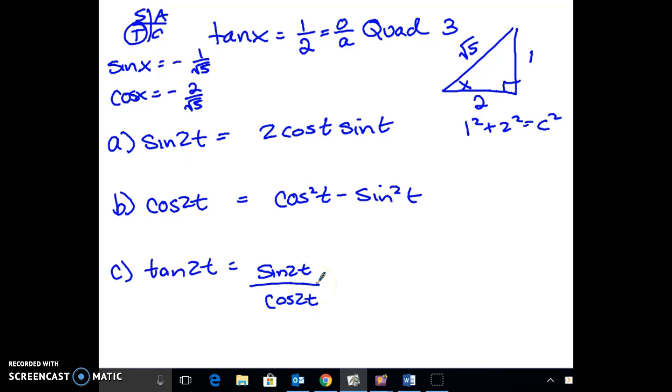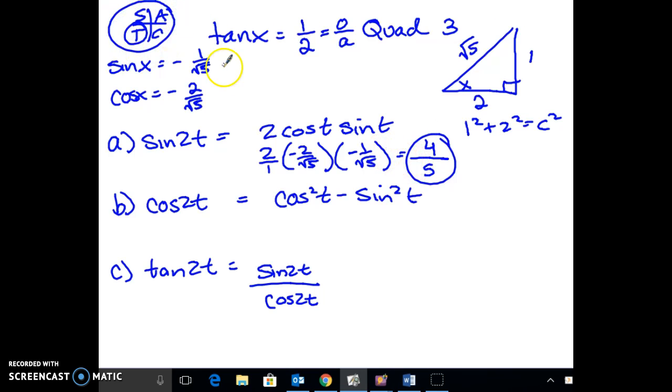Okay, let's do 2 times cosine, and you can put 2 over 1, times sine, multiply straight across everything in the numerator. 2 times 2 times 1 is 4, negative times a negative is positive, radical 5 times radical 5 is 5. And you're done. You don't worry about the signs once you get to this point. This quadrant 3 business only helps you here, okay?